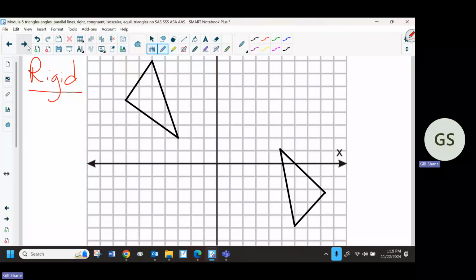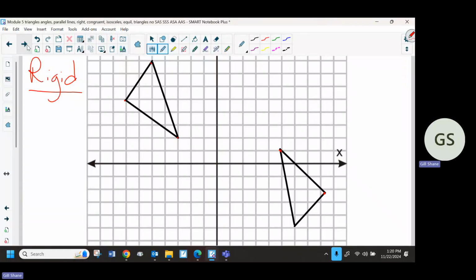We do not change the shape at all, as far as the measure of the angles or the length of the sides. You could say we don't change the distance between the points. So if it's on a coordinate plane, the distance from that point to that point would match the distance from that point to that point. Again, that's the same thing as saying the sides are the same length. That's what rigid means.